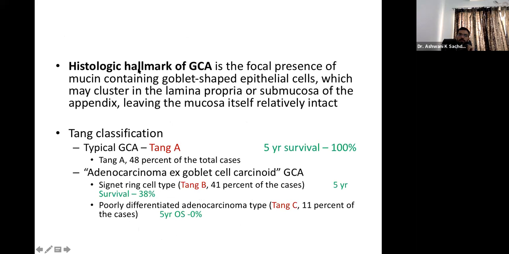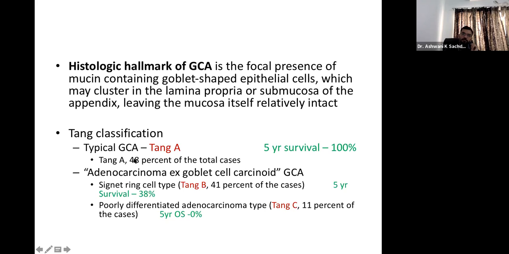And the histological hallmark is the presence of goblet cell shaped epithelial cells with mucin, which may cluster in the lamina propria or submucosa of the appendix, leaving the mucosa intact. Goblet cell adenocarcinomas have been classified into three classes based on the Tang classification.